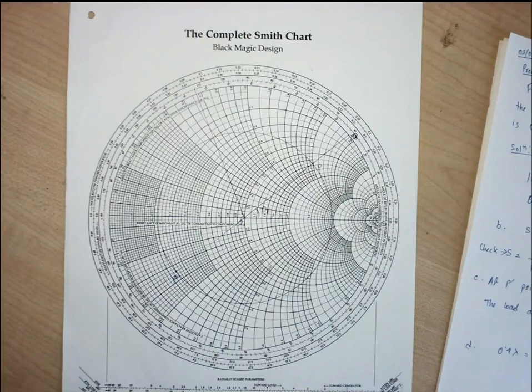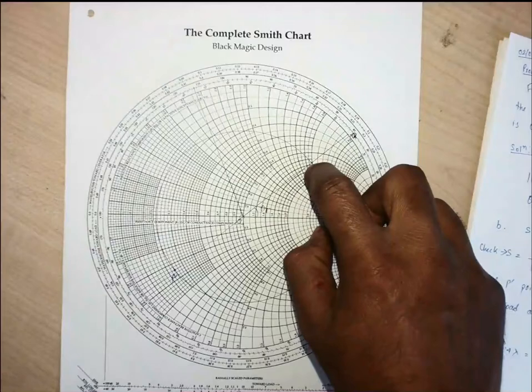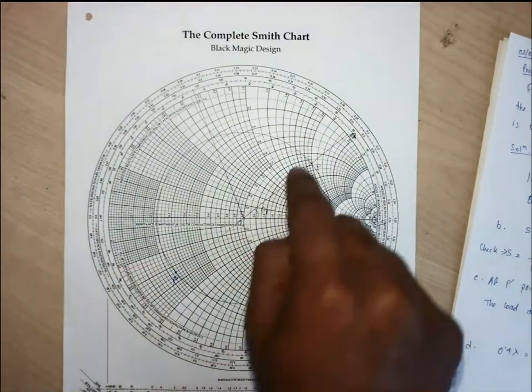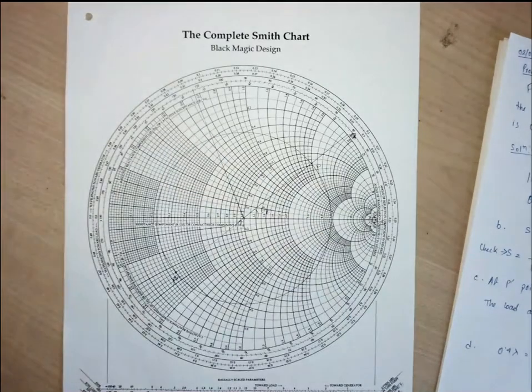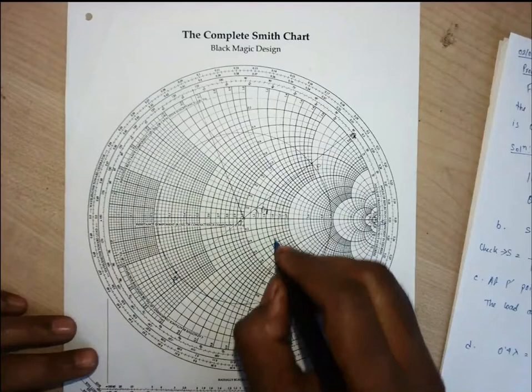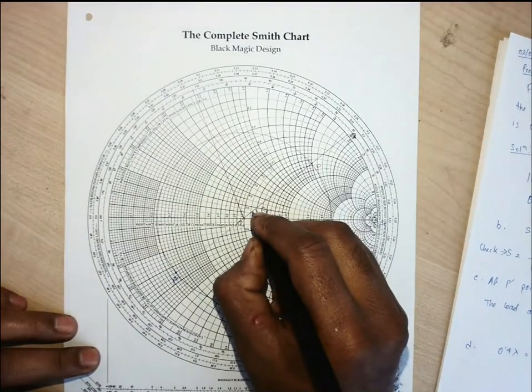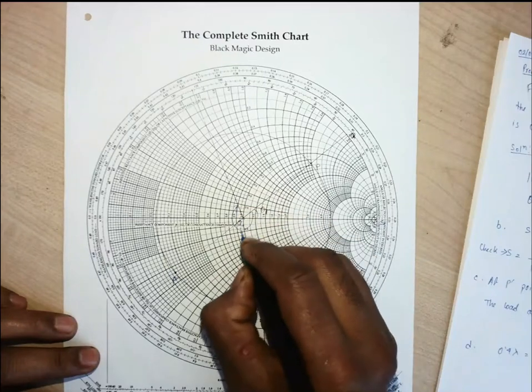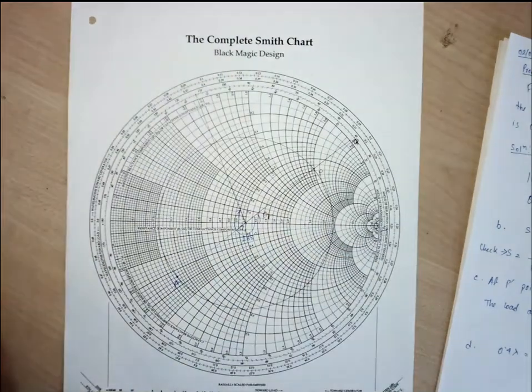That is what it says, 0.4 lambda from the load. So this is the 0.4, this is the impedance point, load impedance point. From that we have been rotated up to 288 degrees. So this angle is 288. From this up to this rotation, this is your 288 degree.